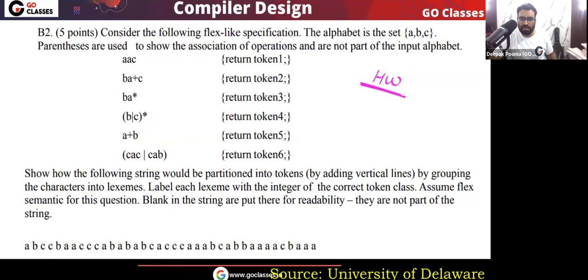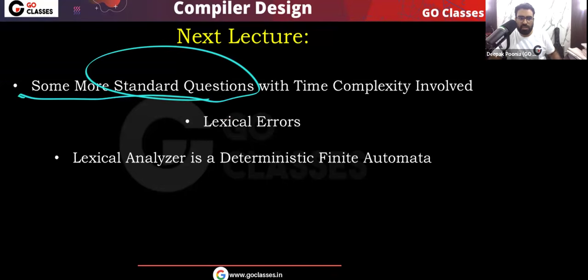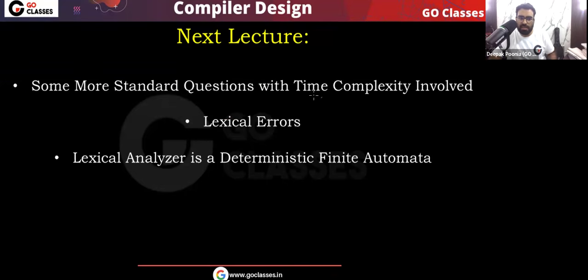Okay. So I hope you understood everything in this lecture. In the next lecture, we will solve some more standard questions on lexical analyzer, some questions in which time complexity is also involved. These questions also we will do in the next session. We will also study what are lexical errors. In this lecture, we have seen one type of lexical error, that is tokenization fails. Okay, but there are some more lexical errors.